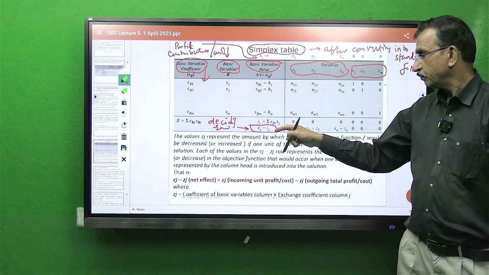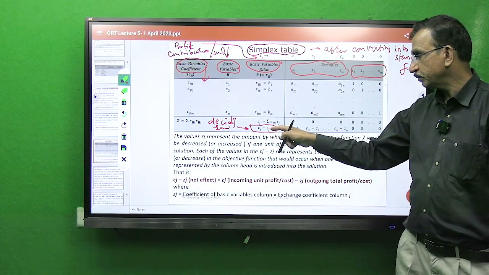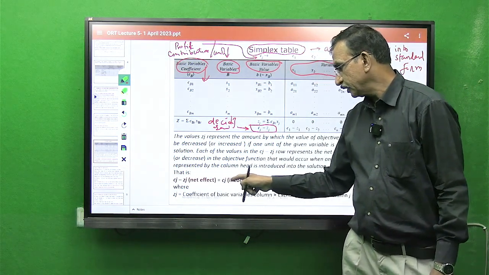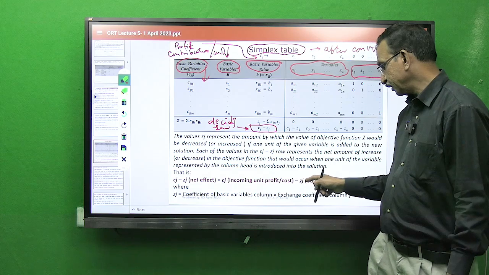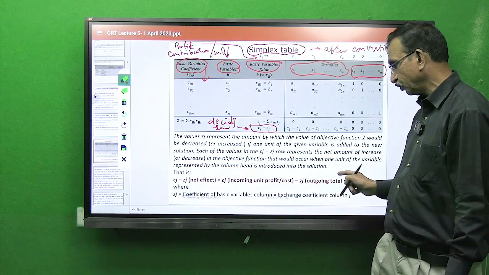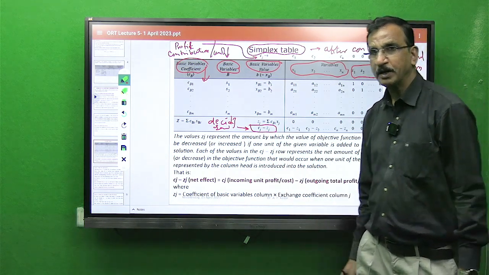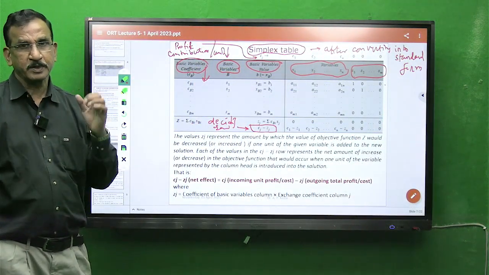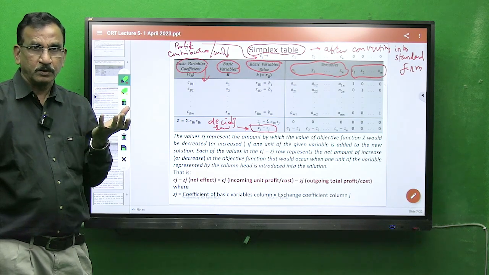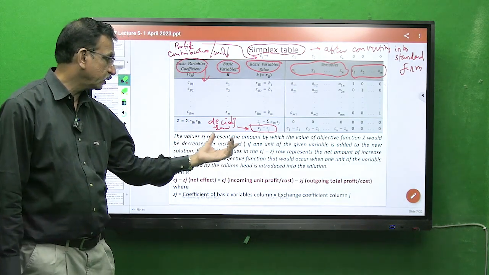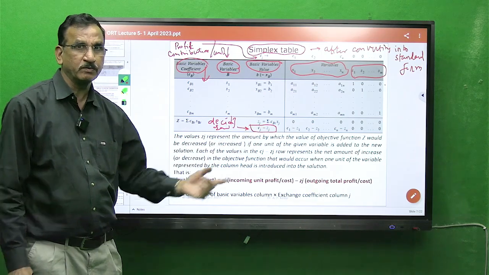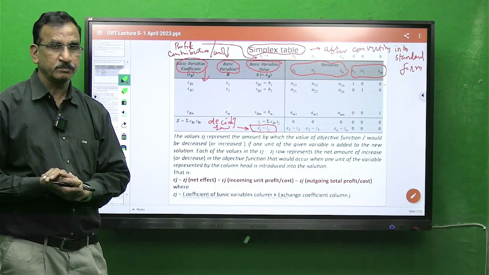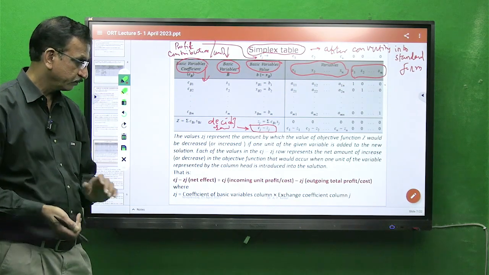There is one condition for this Cj minus Zj. Here it is given where Cj minus Zj is the net effect: incoming profit per unit minus Zj, outgoing total profit cost. There is a condition for a maximization type of problem; if we satisfy it by getting this Cj minus Zj value as per the criteria, we say the solution is optimal, else we say there is scope for improvement. That we will discuss.